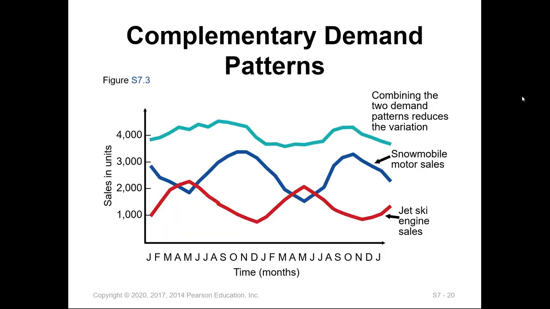If you look at the chart, it shows the variability in sales of the snowmobile and jet ski, and how utilizing the same modules and combining the two demand patterns reduces the variation of sales.